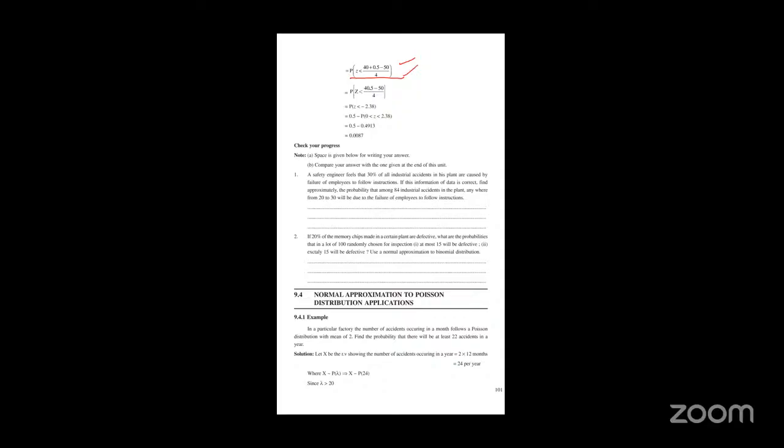So 40 plus 0.5 is 40.5, and minus 50 by 5. So this becomes minus 9.5 by 5, which is 1.9. Then probability of z less than minus 2.38 can be written as 0.5 minus probability of 0 less than z less than 2.38.